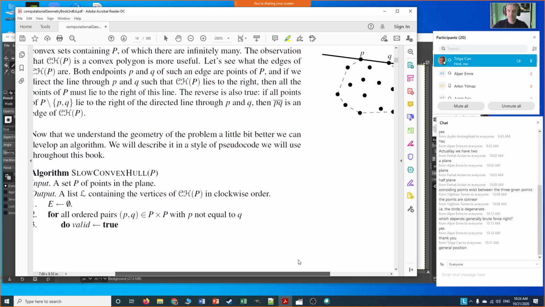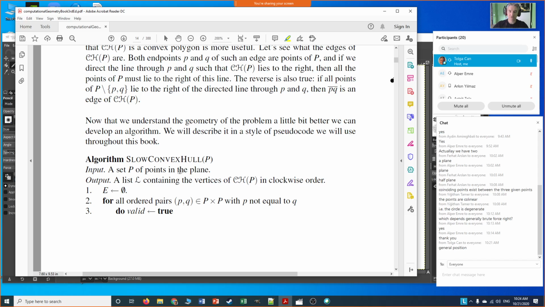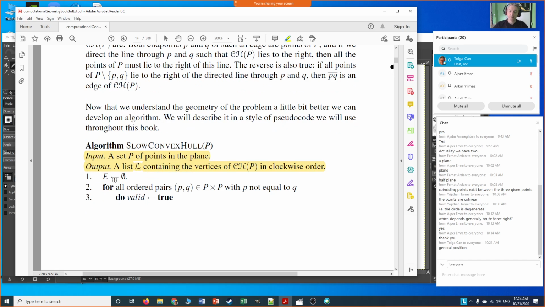This is also an introduction to the pseudocode that the book uses throughout. The algorithm is named SlowConvexHull because it's really slow. The input is stated, and then the output is stated precisely. The output is a list containing the vertices of the convex hull of P in clockwise order, and we assign an empty set to E. So E will be our edge set, which will constitute the edges of the convex hull.